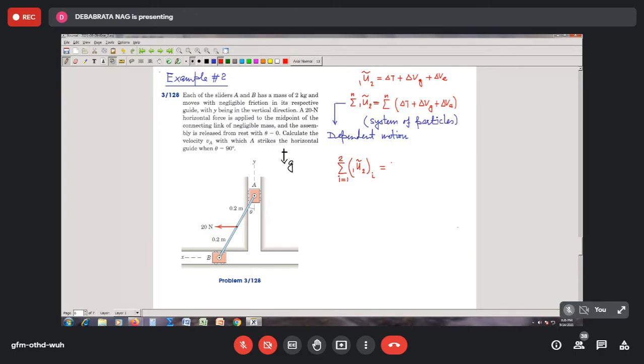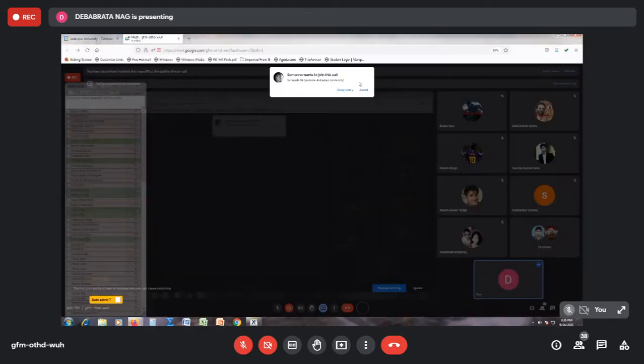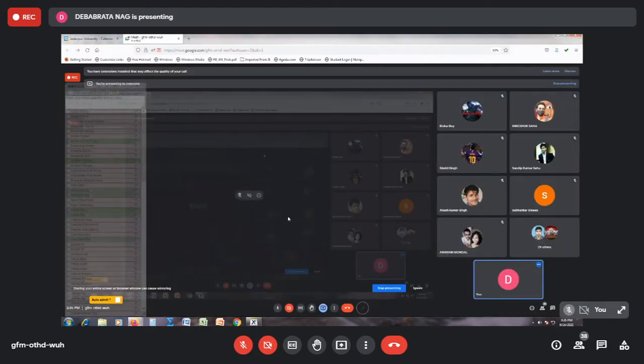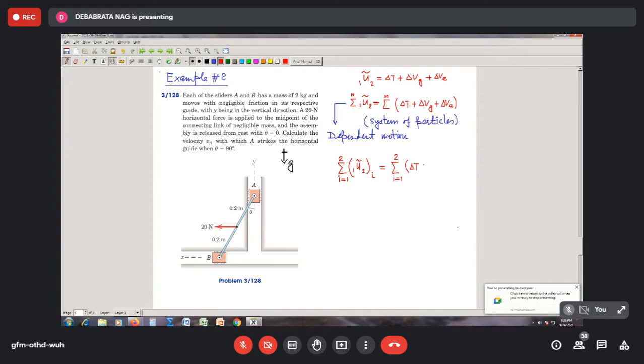This will therefore be the summation for i equal to 1 to 2 of delta T plus delta Vg plus delta Ve, and we need to carry this out for all the mass particles here.